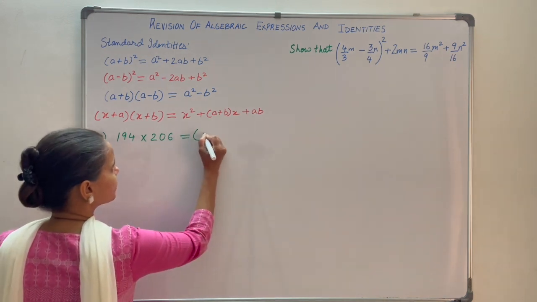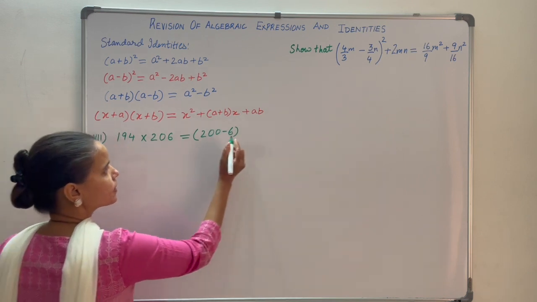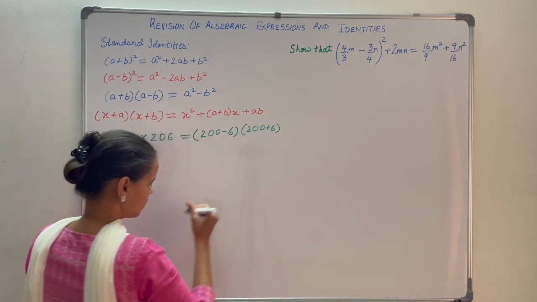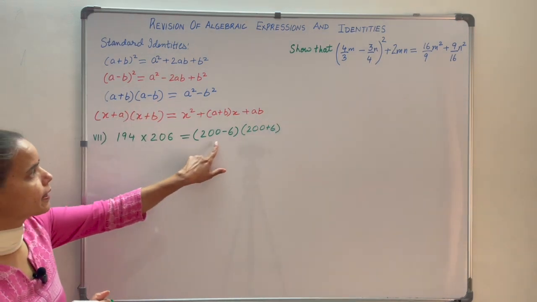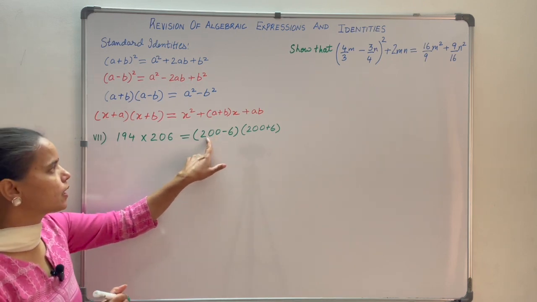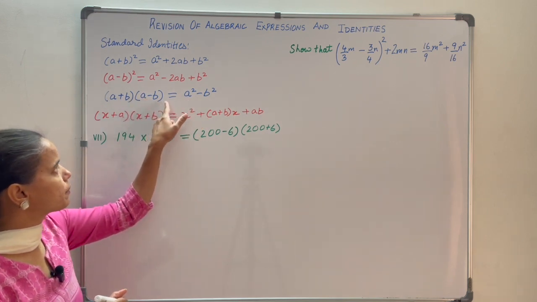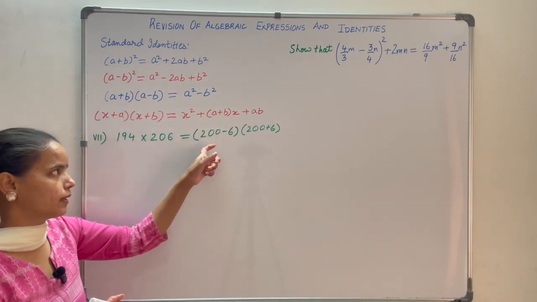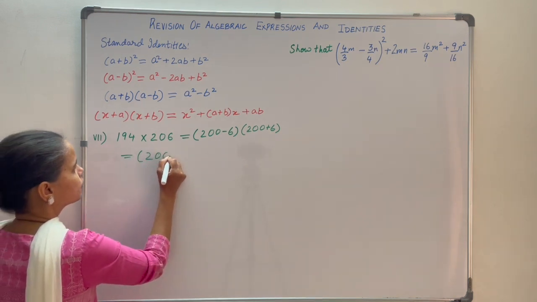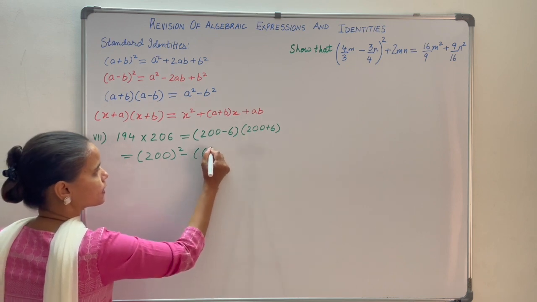194, you can rewrite it as 200 minus 6. And 206, you can write it as 200 plus 6. So this is of the form (a plus b) into (a minus b), where a is 200, b is 6. So it says (a plus b) into (a minus b) is a square minus b square. That means square of 200 minus square of 6.